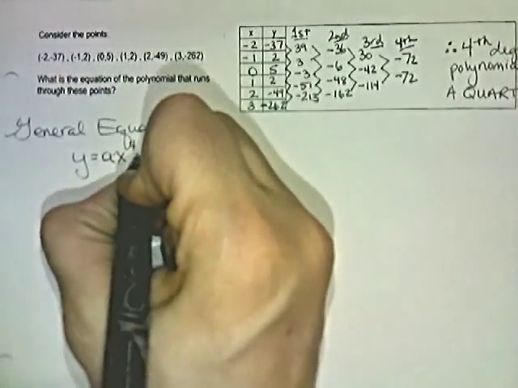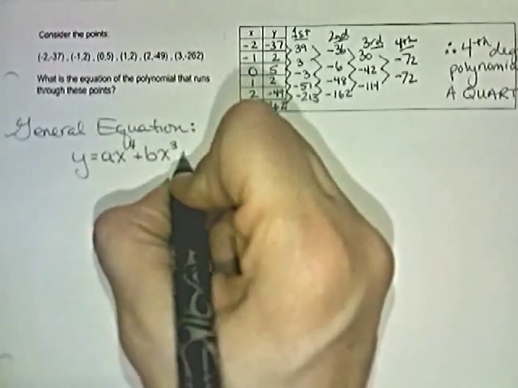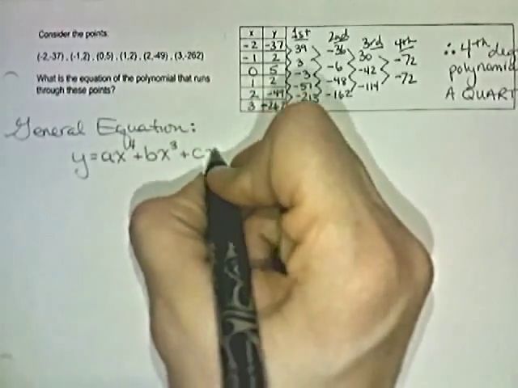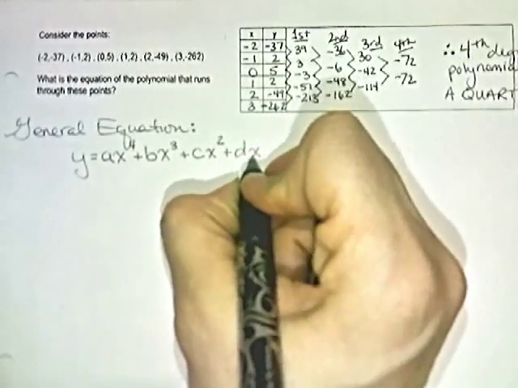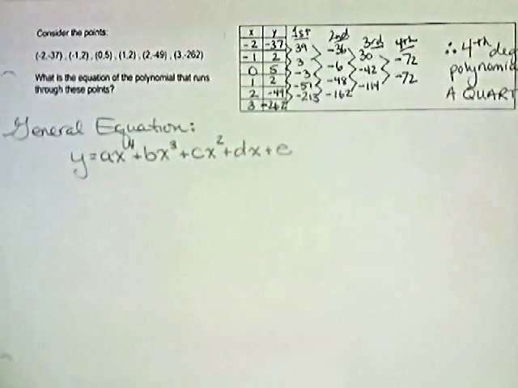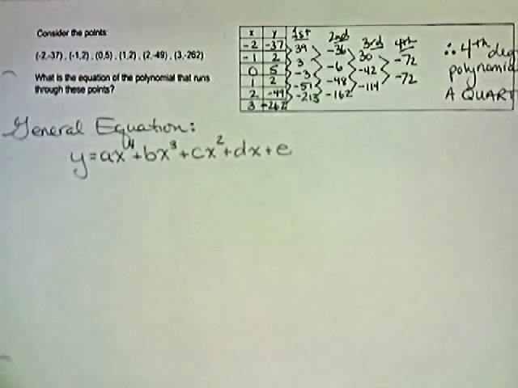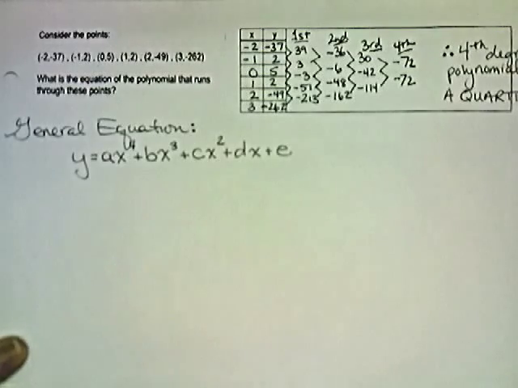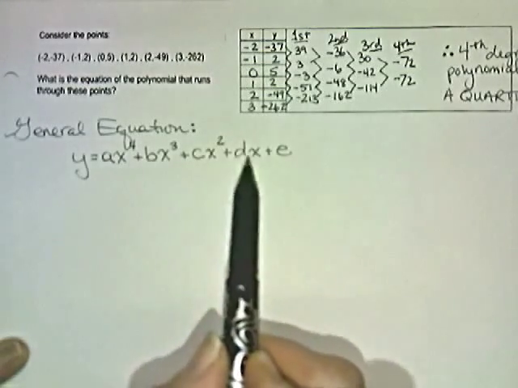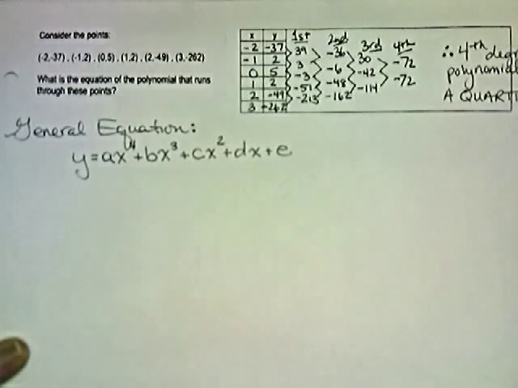And then I could have a placeholder or some number in front of a term of x cubed, some number, let's call it c, in front of an x squared term. I could certainly have an x term with some number, and finally I could have a constant at the end. And so I have built a framework equation, and I need to know what are the 5 specific numbers that go in those spots so that I can know the single equation that goes through those points.